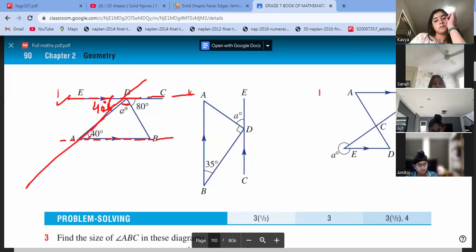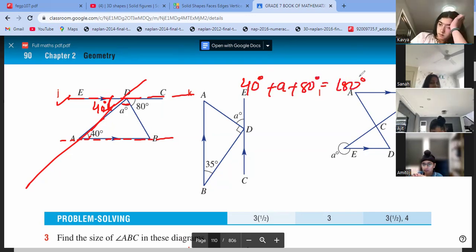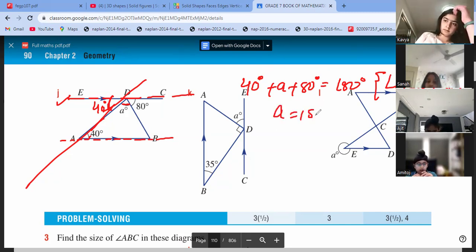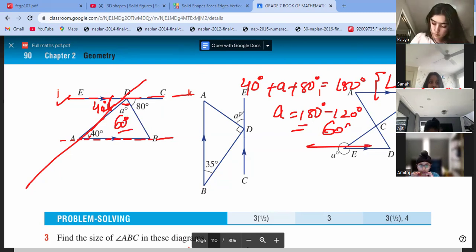Now 40 degree plus A plus 80 is what? That's equal to 180 degree. Why? Because they are forming linear pair, because they are forming on a straight line. So the value of A will be 180 degree minus 120 degree, which is equal to 60 degree. So the value of A will be 60 degree.